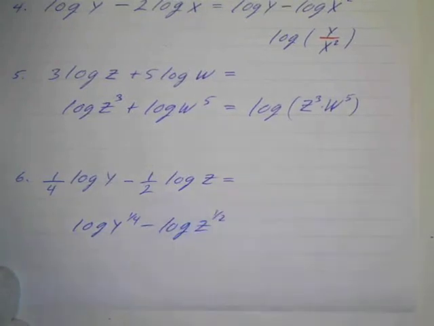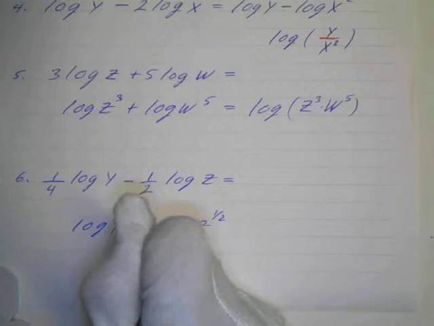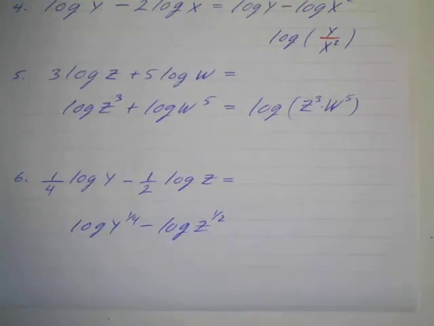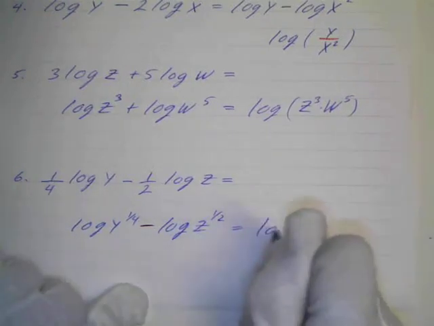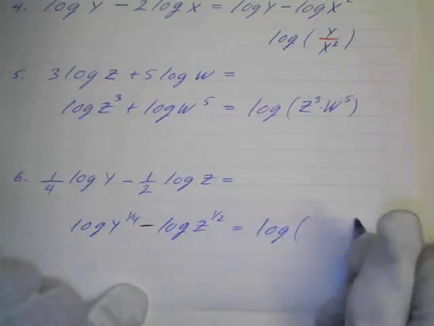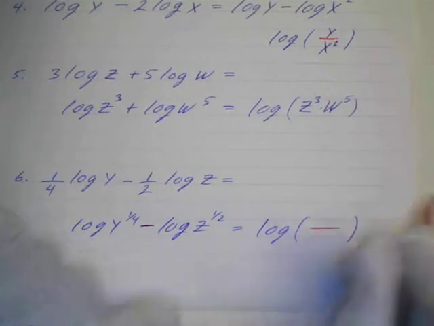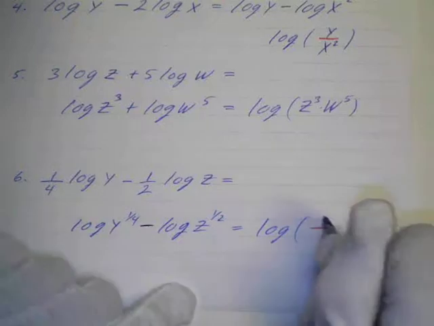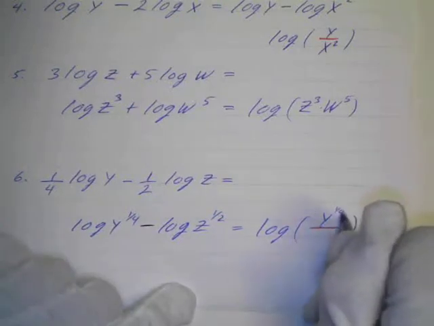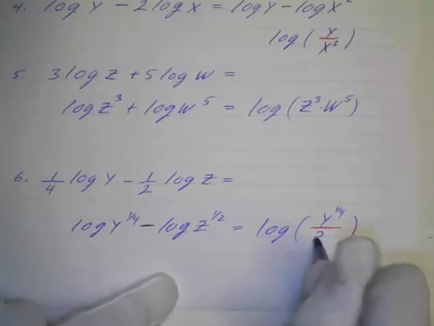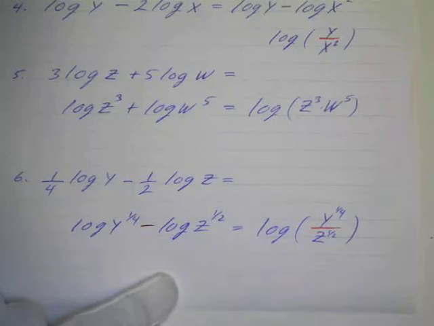And now we got the difference of the logs, which will be the log of a quotient. So we can write this as 1 log to the base 10 of a quotient. There's my quotient. And what goes on top, y to the 1/4, and what goes on the bottom, z to the 1/2.